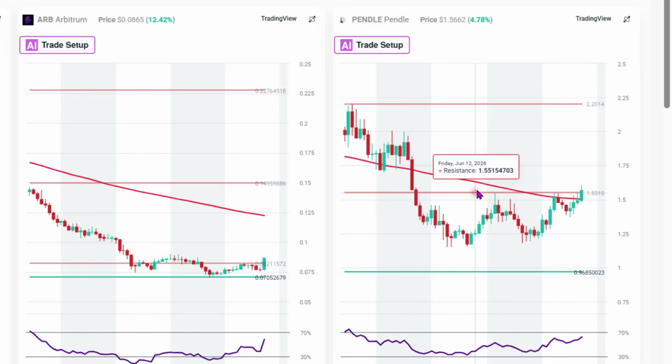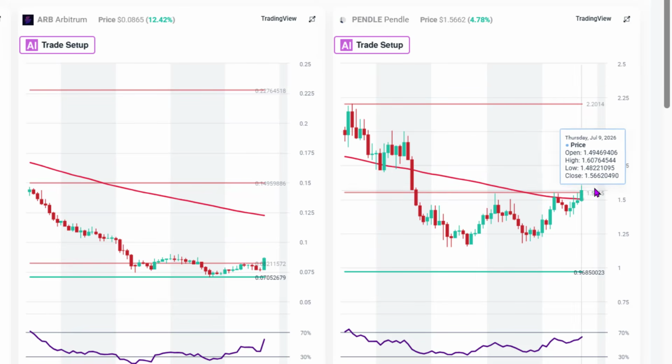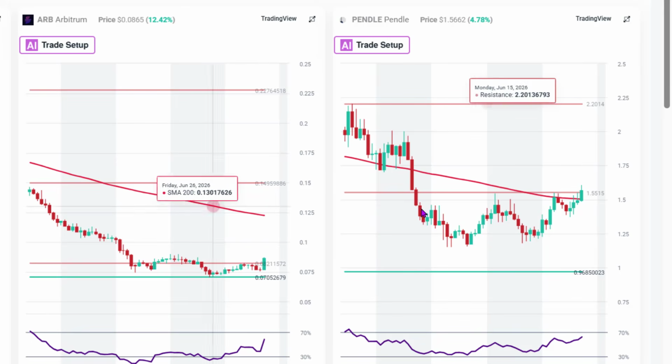And the 200-day moving average is always a critical level, because when it's broken above, it's typically a signal of uptrend, right? So for all these reasons, this breakout seems more robust and telling than some of the others that are still trading below the 200-day moving average.